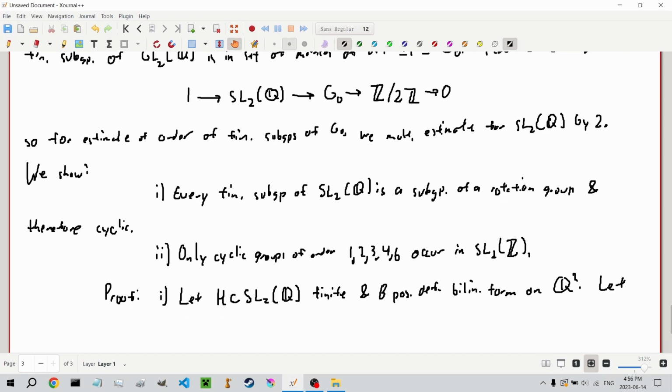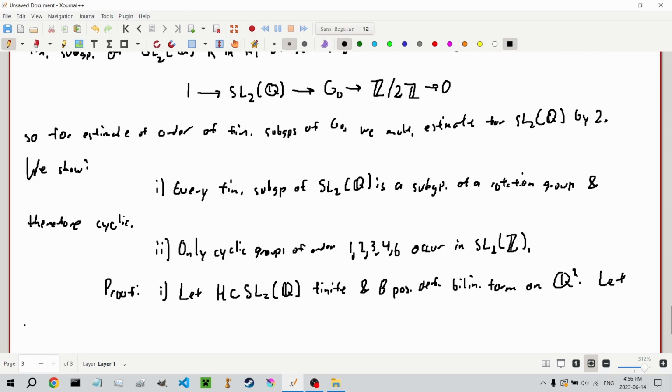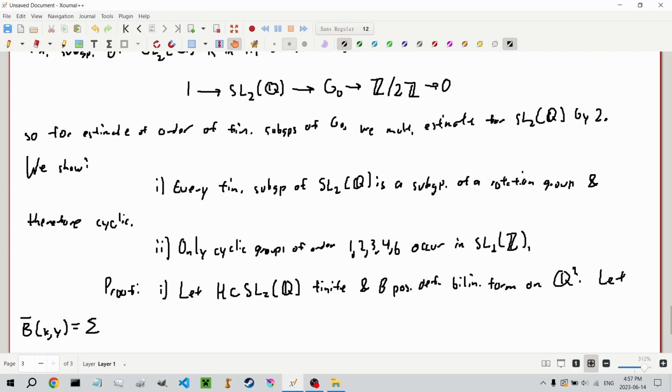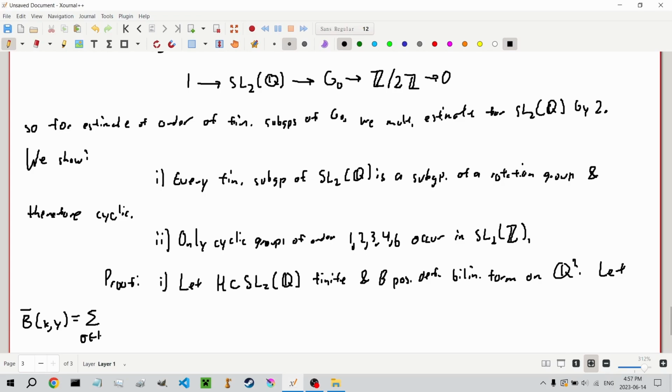We're going to let B bar of x comma y be the sum over sigma in H of B of sigma x, sigma y.